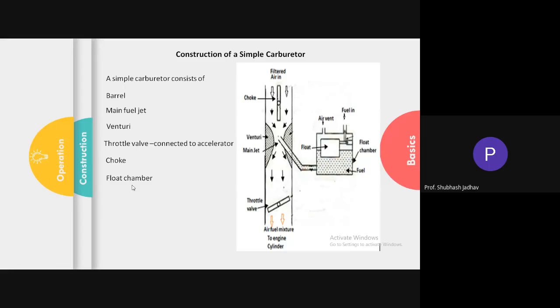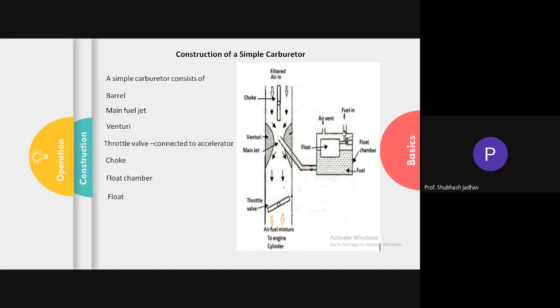Then we have the float chamber. The temporary reservoir which is provided along with the carburetor is called the float chamber, and the fuel level in the float chamber is always maintained fixed with the help of a float. So the float, with the needle, ensures that the level is always maintained.